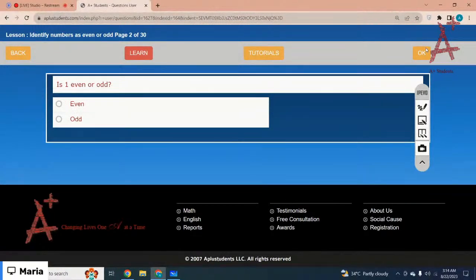Is 1 even or odd? Only the numbers that end with 0, 2, 4, 6, and 8 are even. The rest of the numbers are odd. 1 is an odd number, right? So 1 is odd.